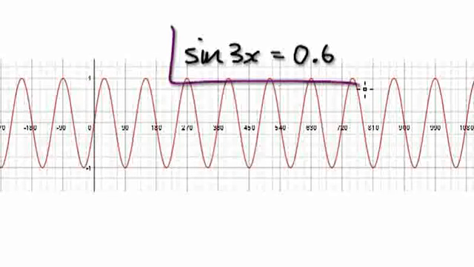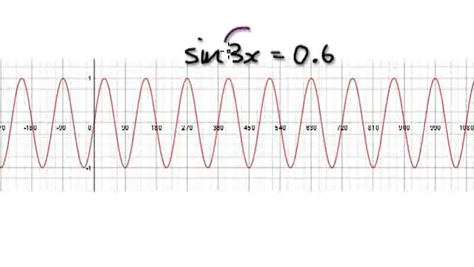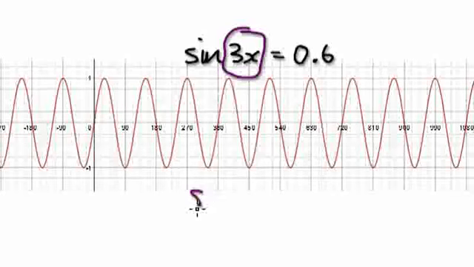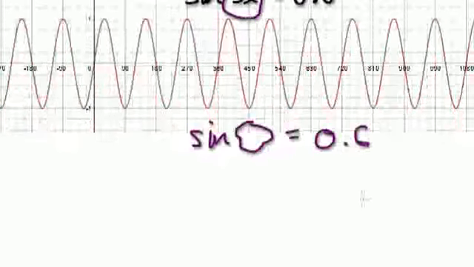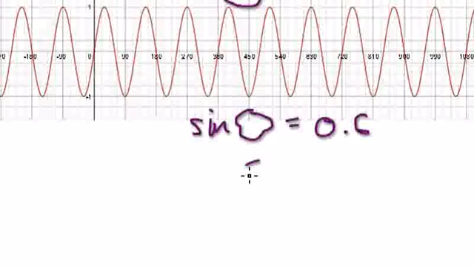So looking at this here, imagine this is stuck in a bubble. So you've got sine of bubble equals 0.6. Now take inverse sine of both sides.